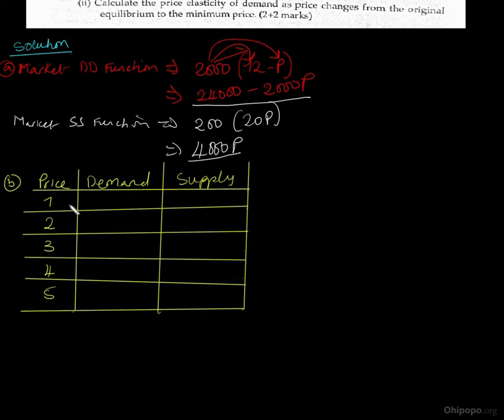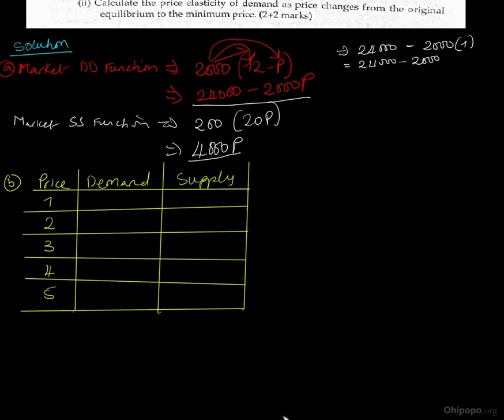The first is at the price of 1 franc per cup. How many cups were demanded? At 1 franc per cup, you now have 24,000 minus 2,000 P, where P is 1 at this point. 24,000 minus what? 2,000 times 1 is 2,000.